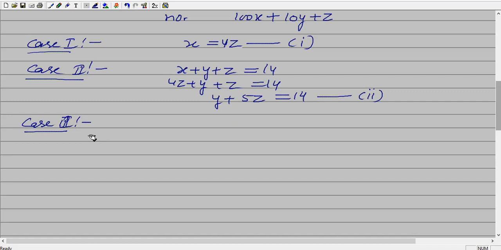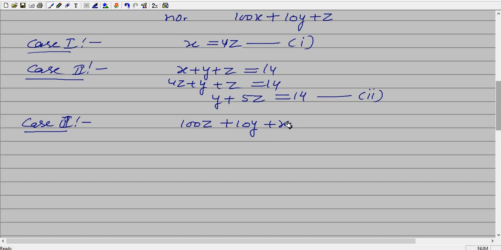In case third, if the 3 digits are written in the reverse order, that means 100z plus 10y plus x, we reverse z, y, x, with y always in the center. The value of the number is decreased by 594.